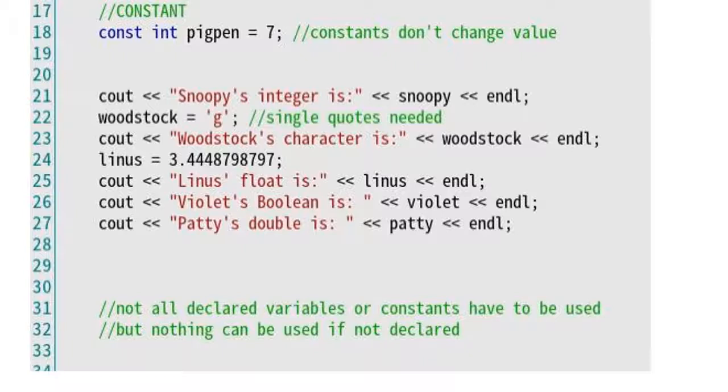You can do that. You'll notice Woodstock is a character, that's a letter, those are declared with a single quote. Woodstock's value is G. Okay, you'll notice Linus has a lot of decimal points after it. Those won't all be preserved.